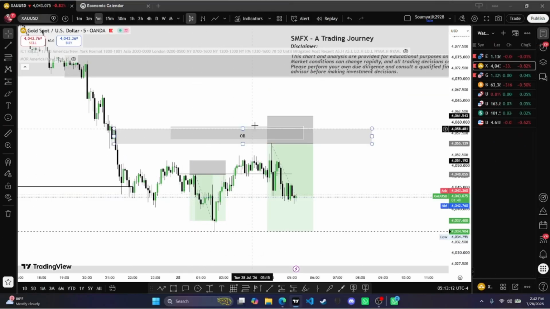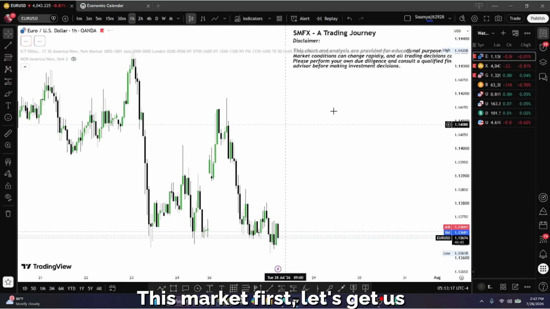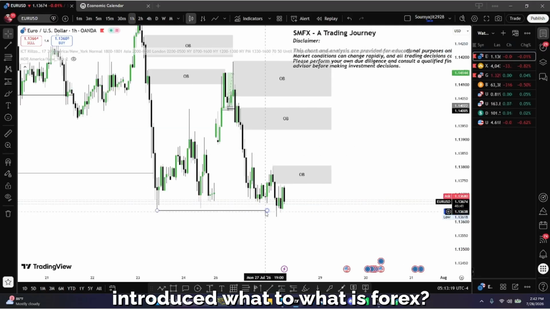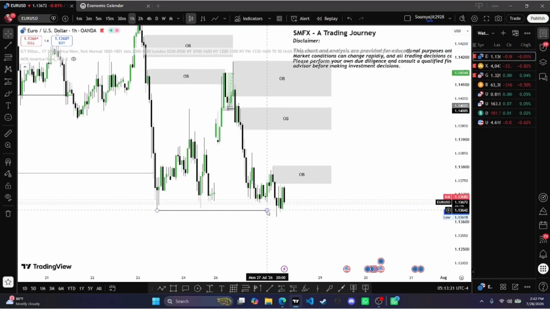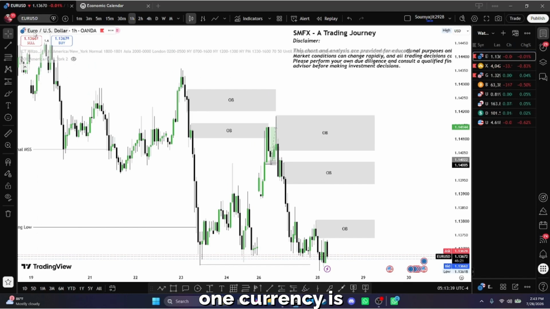All right. So about this market, first let's get introduced to what forex is. Starting with the forex market: forex is a market where currencies are exchanged, where one currency is traded against another currency.